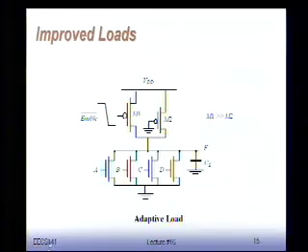Now, just to wrap this up, this ratio logic, I've just shown some tricks that people have used to improve a little bit on this pseudo NMOS concept. Remember, you're trying to trade off different things: performance, noise margin, static power dissipation. During a transition, I would like to have the PMOS as small as possible.